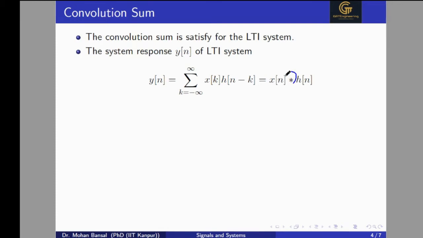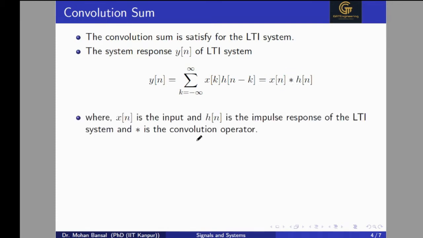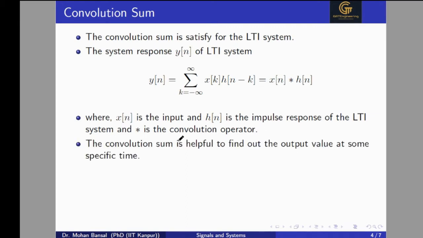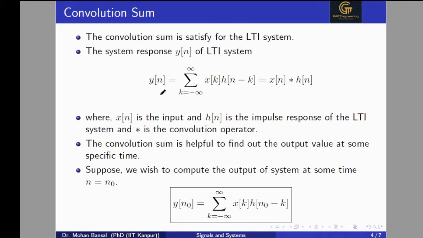This operator is the convolution operator. x[n] is the input, h[n] is the impulse response of the LTI system, and star is the convolution operator. The convolution sum is helpful to find the output value at any specific time instant. If we want to compute the output y at time instance n naught, we can write y[n naught] as the summation of k equal to minus infinity to infinity x[k] h[n naught minus k].